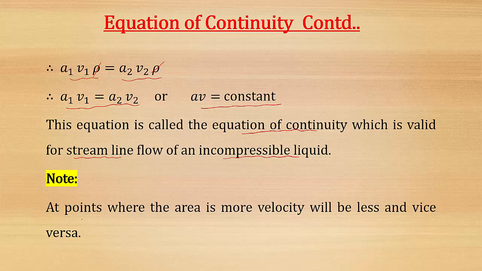And note the point: where the area is more, velocity will be less, and vice versa. As area increases, velocity decreases. As area decreases, velocity increases. So this is the relation between area and velocity, and here it remains constant in the equation of continuity.